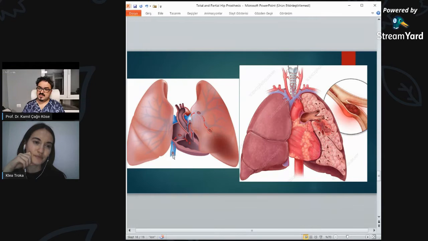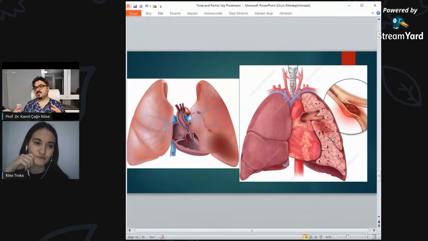You see it enters the right side of the heart with the venous circulation, and then from the right side of the heart, it's pumped into the lungs. And as you can see on the picture on the right, if it clogs a major artery in the lung, a part of the lung doesn't function.